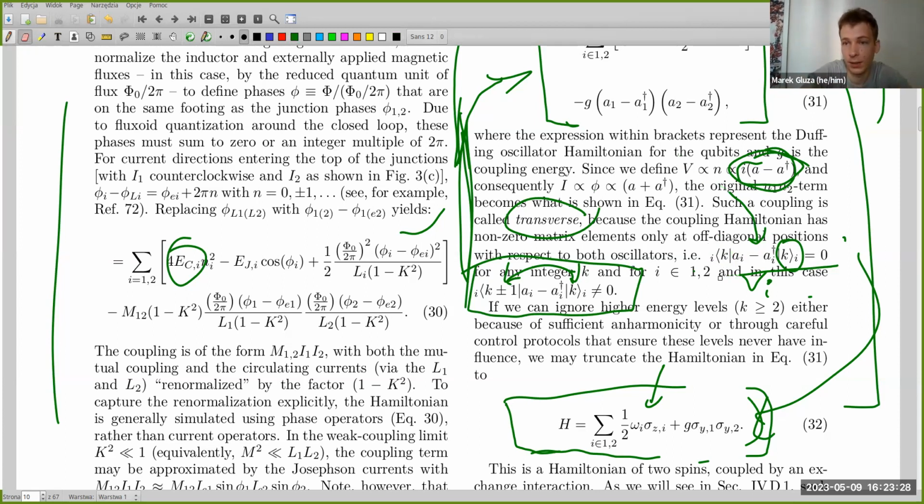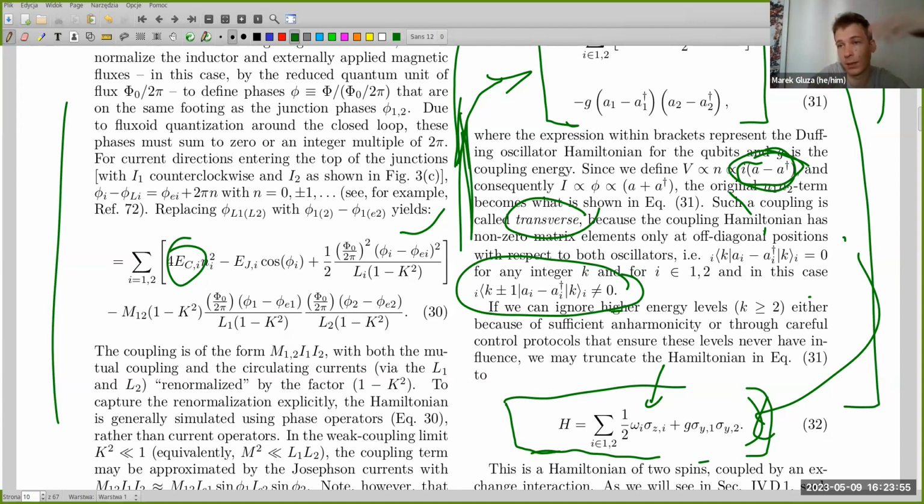And if it turns out that they are diagonal in this qubit basis, then there must be some off-diagonal coupling, otherwise it's a zero matrix. And so if you get this transition of the qubit state, you call it transverse. That's the transverse coupling.